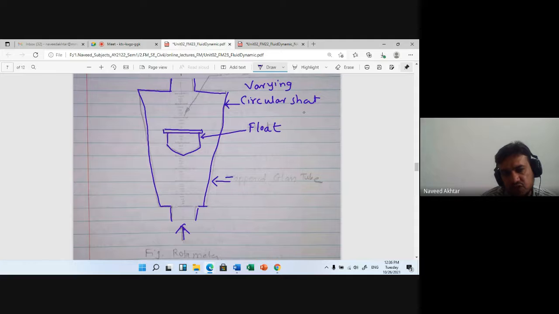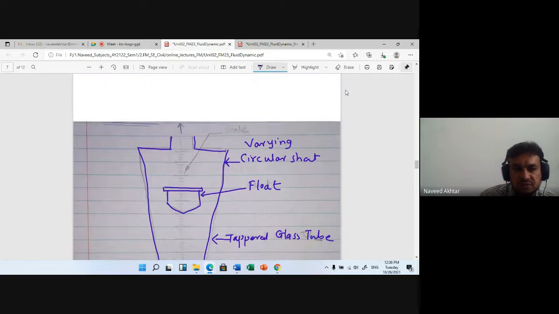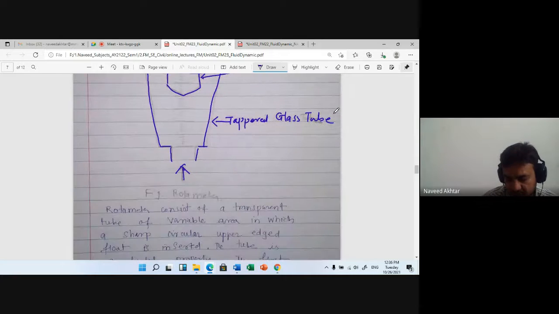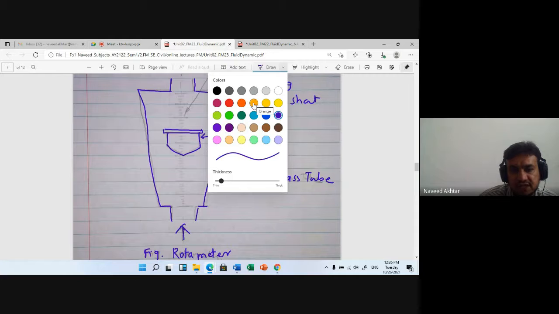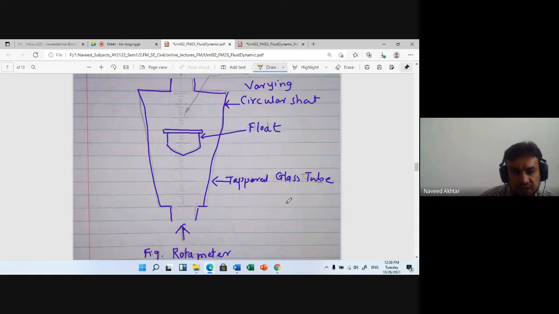You can say it is a circular or tapered glass tube, and this figure is nothing but called a rotameter. Now we'll see how it is working. Before that, there is also a graduating scale on the rotameter, on the transparent tube.